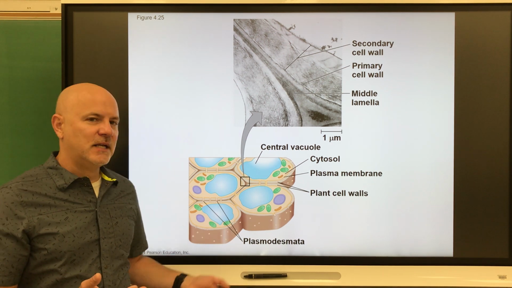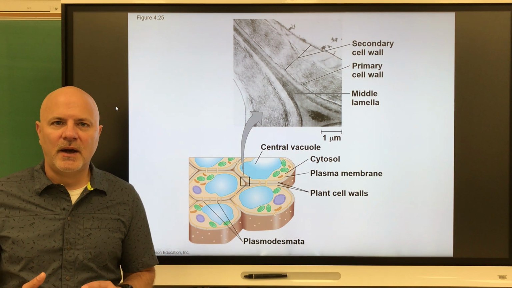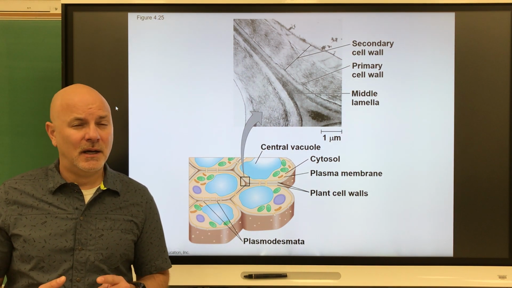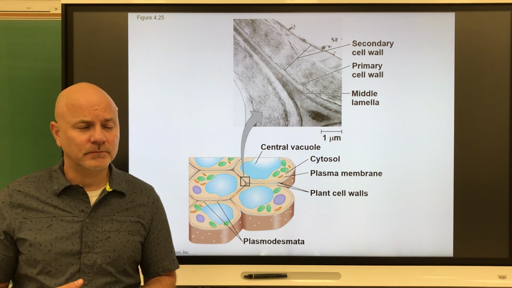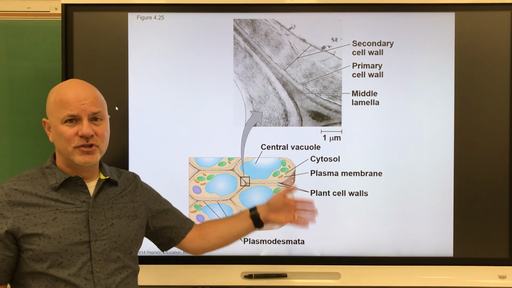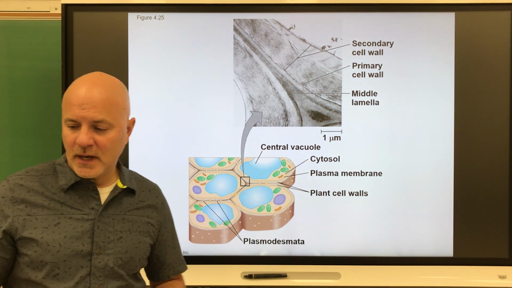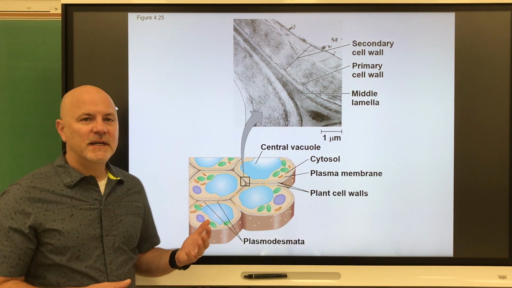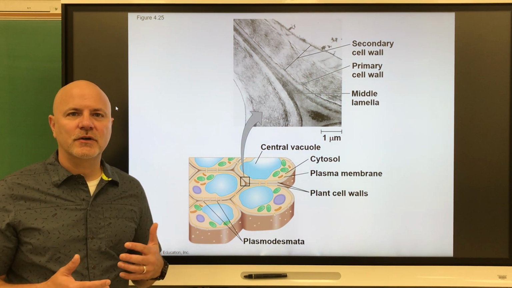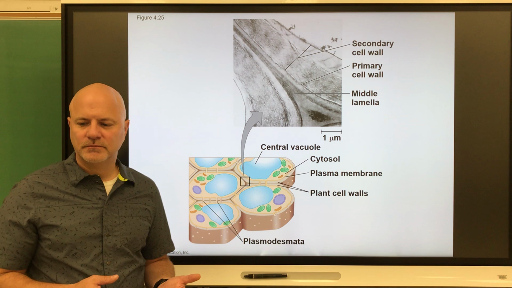They could be made out of cellulose, they could be fungal-like in that protein carbohydrate compound, they could be glass, they can be calcium carbonate, which is what chalk is made out of, so that's made of a bunch of dead little organisms. What cell walls do is impart shape, regulate the cell volume, and also protect the cell.